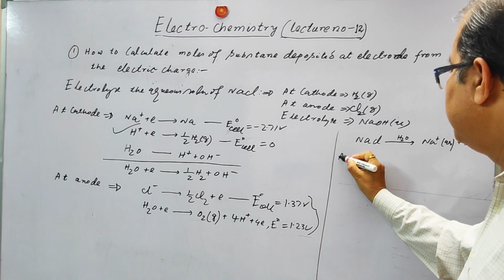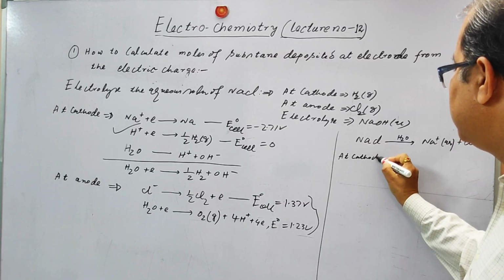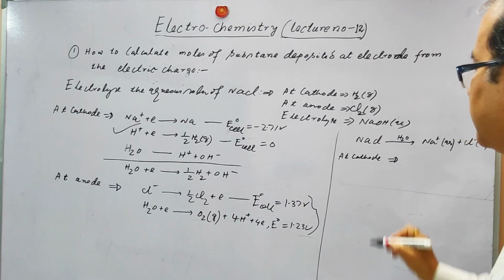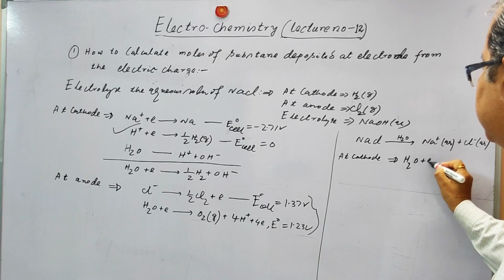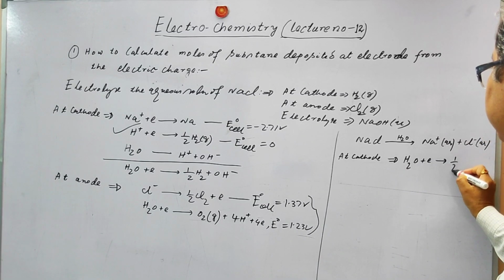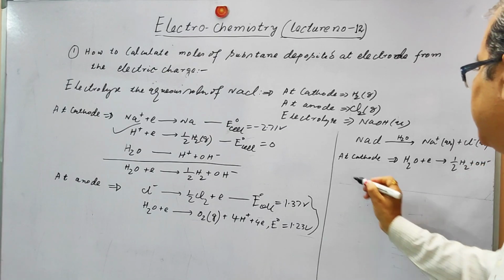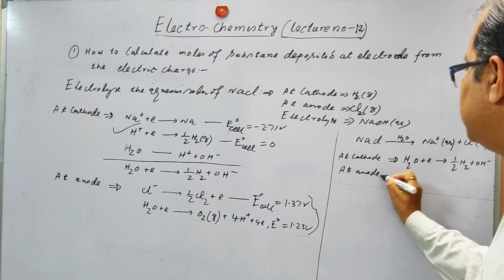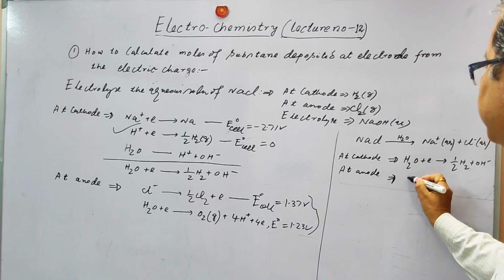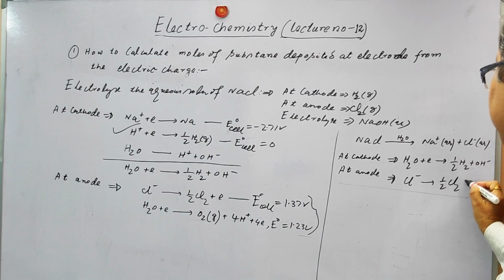At the cathode, first let us write the cathode, the reaction will be H2O plus e minus giving half H2 plus OH minus. At the anode, Cl minus gives half Cl2 plus an electron.